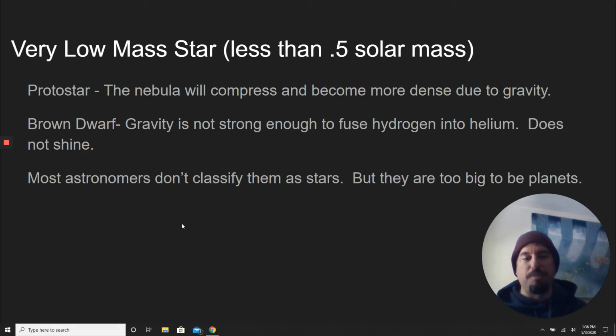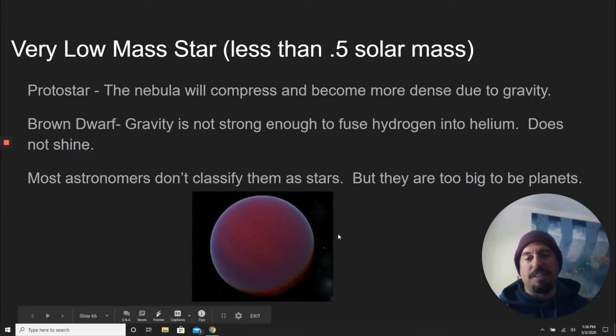However, they're too big to be planets. So they're not planets, but they're not stars. They're in this gray area. Some astronomers will call them stars, some won't. Just think of them as smaller than stars that aren't generating energy.